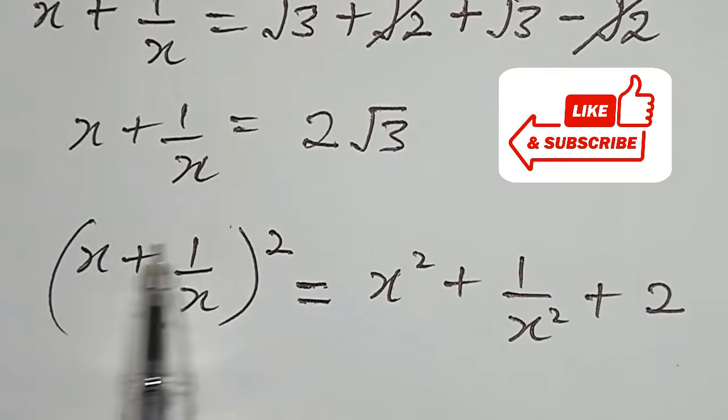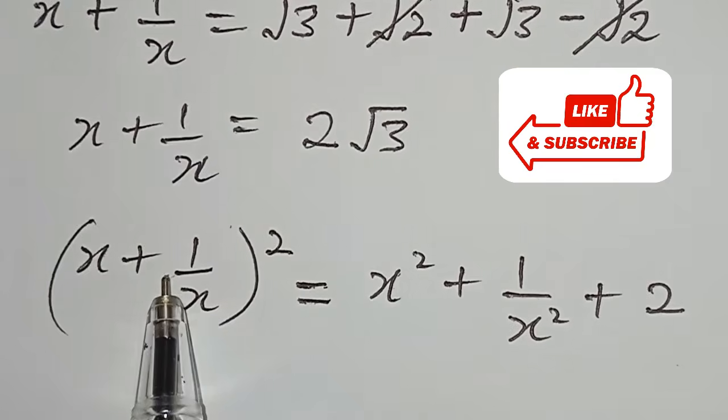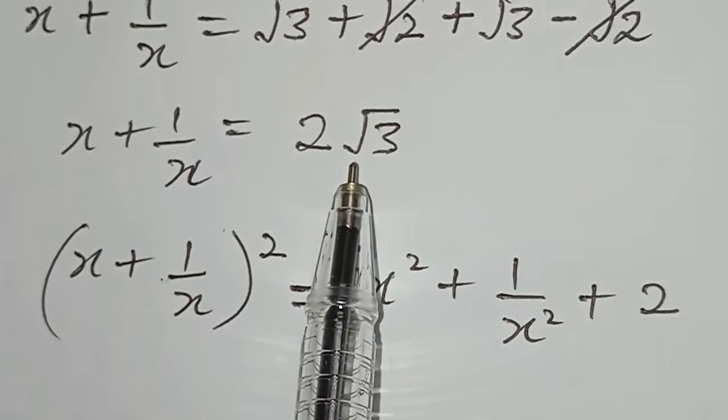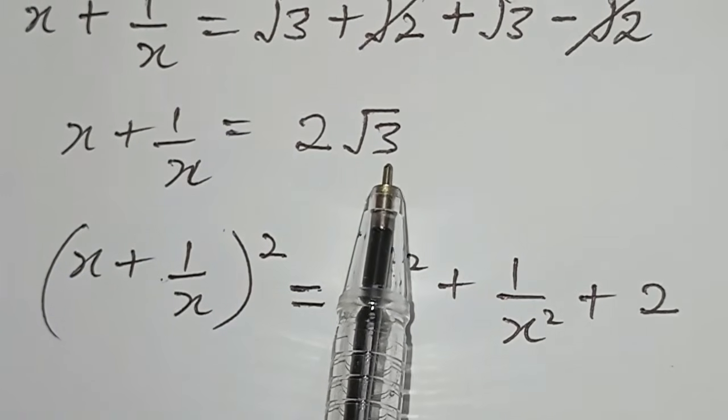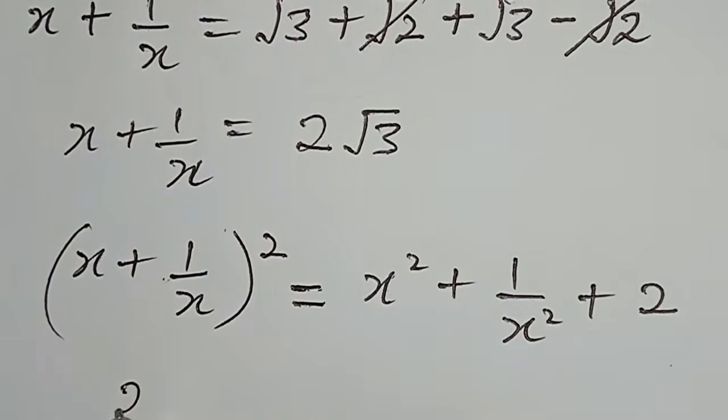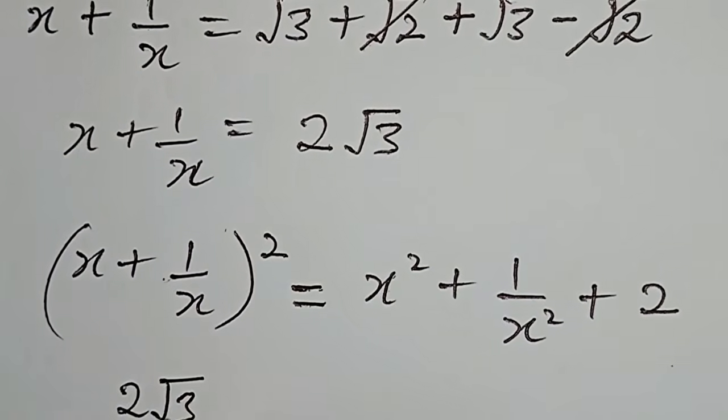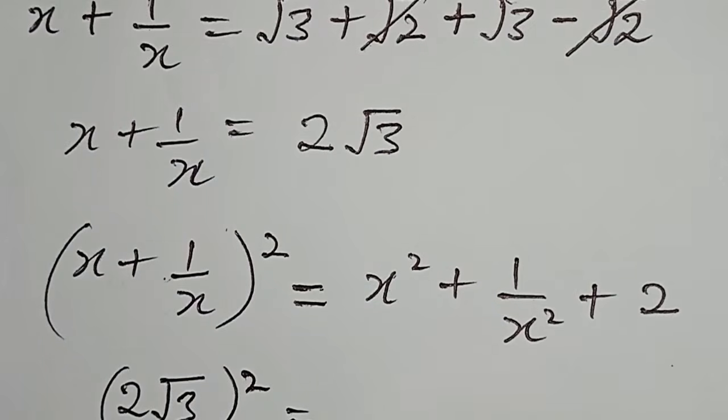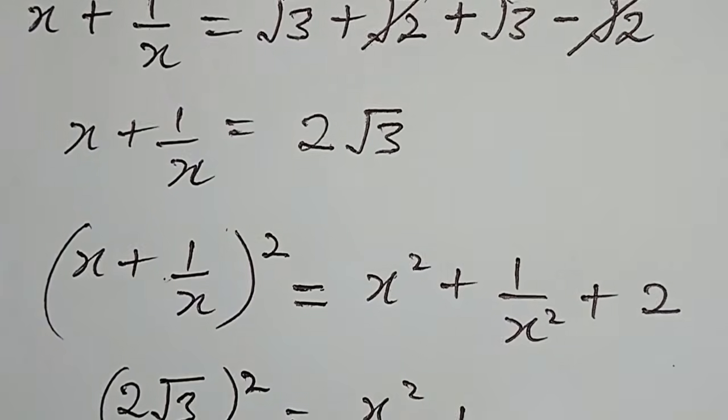But we know that this in the bracket is equal to 2 square root 3. So we replace that. So we have 2 square root 3 squared equal to x squared plus 1 over x squared plus 2.